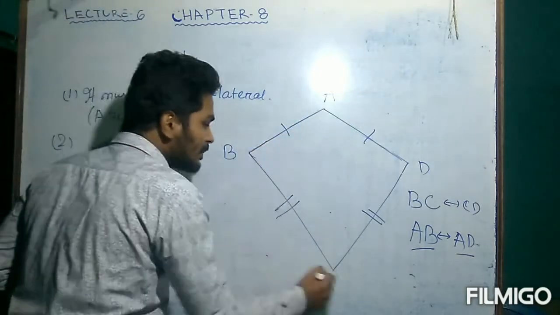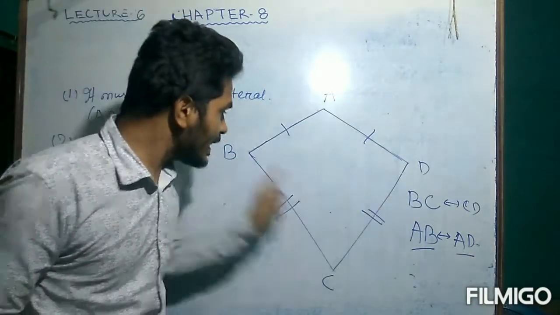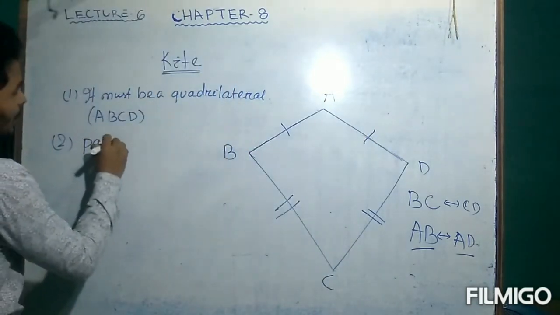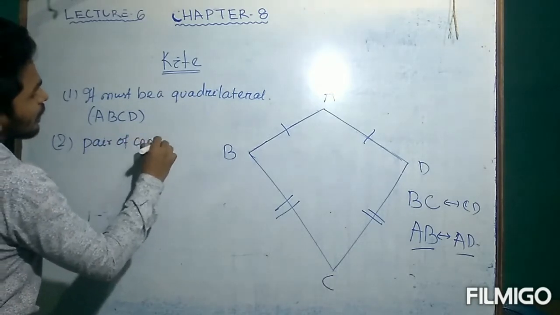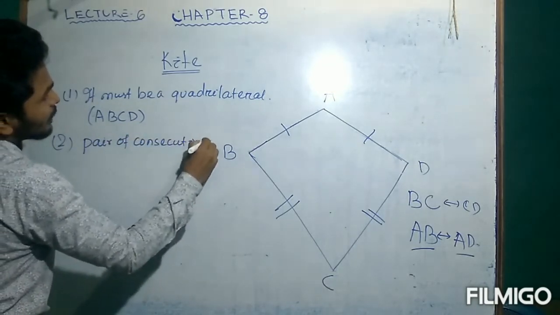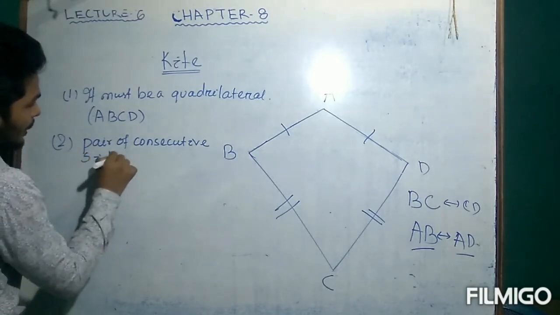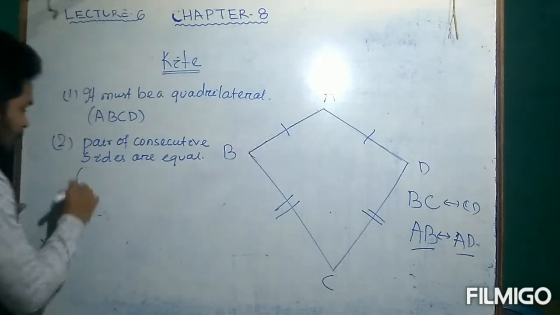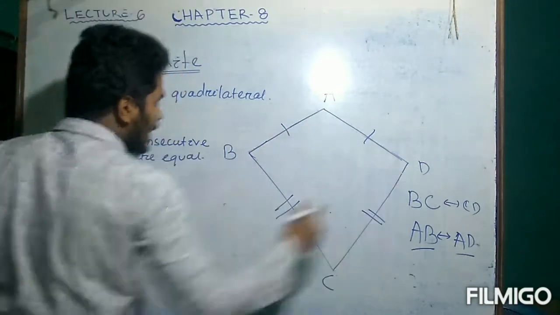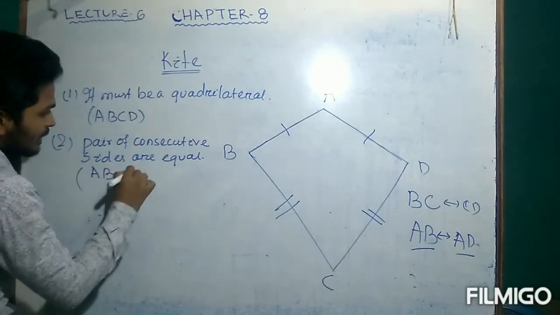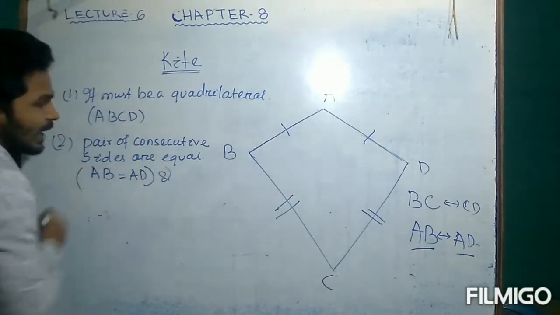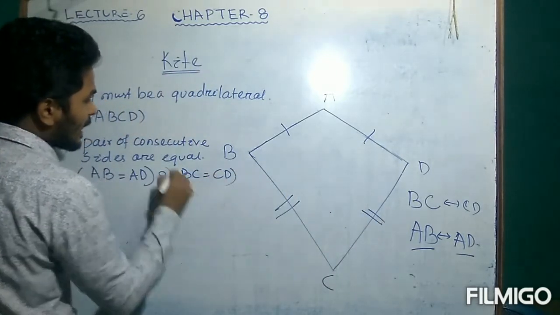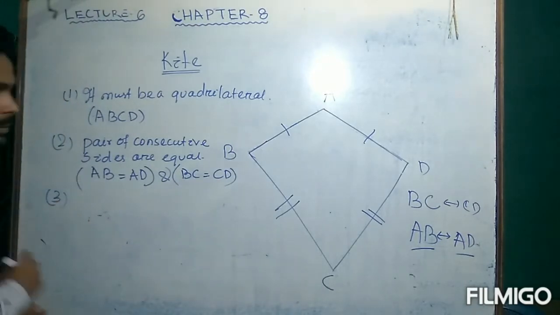You cannot write AB and BC, no. AB and AD, BC and CD. So for this diagram, AB is equal to AD and BC is equal to CD.